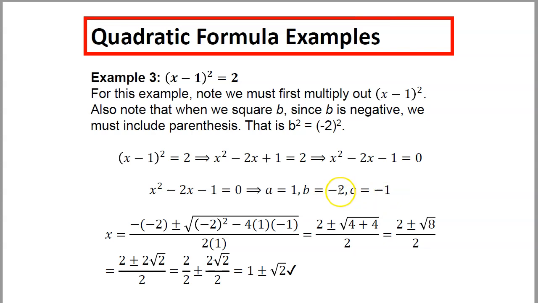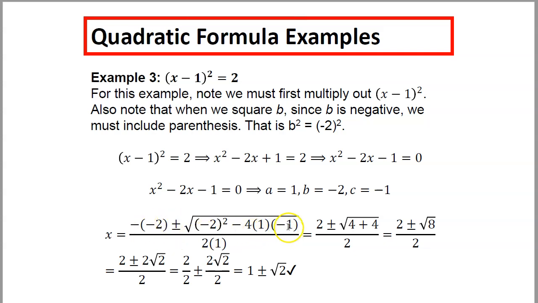Because b is negative, we carefully put parentheses around our b. So we have negative quantity negative 2 for negative b, plus or minus the square root of quantity negative 2 squared minus 4 times a, 1, times c, negative 1.